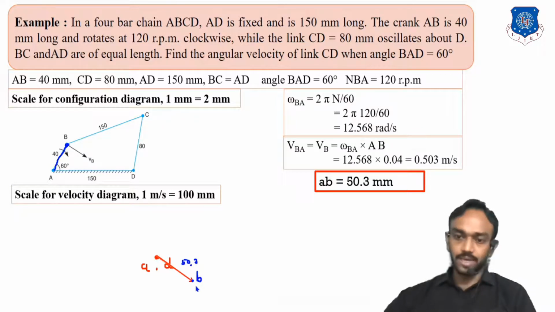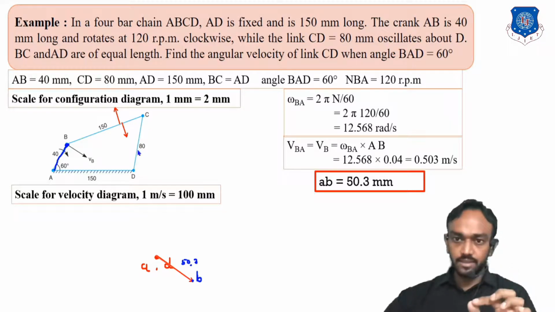After that, you want to know the velocity of C with respect to B. How can you draw that? Check this: for the velocity of C with respect to B, the direction may be in this direction or maybe in this direction, but you are sure that it is perpendicular to that link.